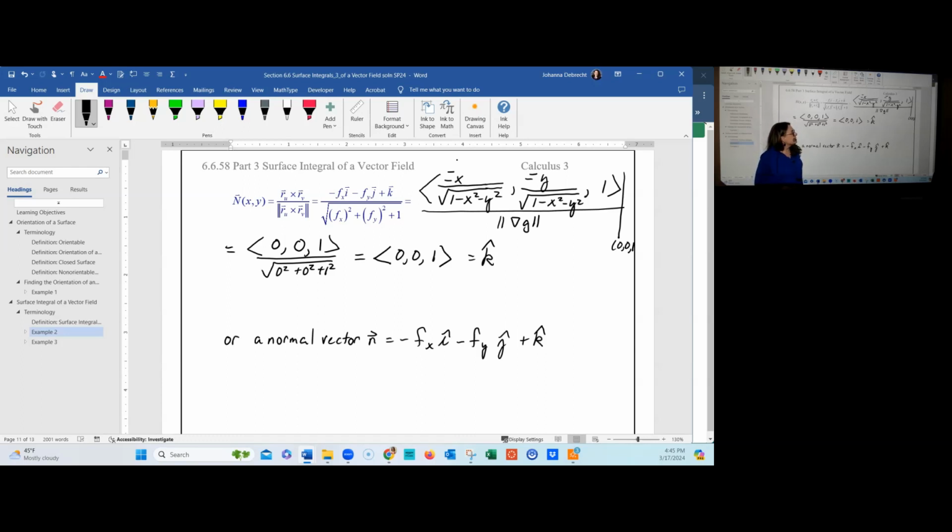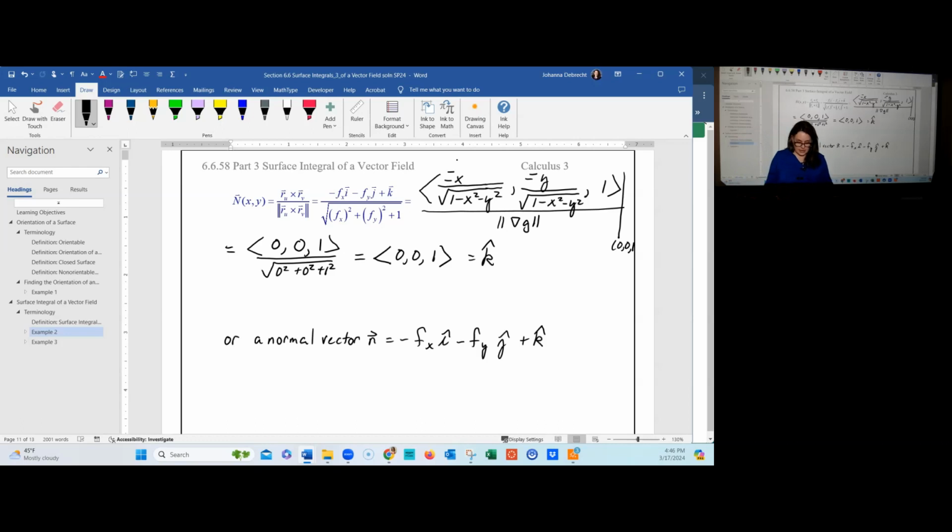In this case, when we substitute in the value that x is 0 and y is 0, both the first and second component of the unit normal vector zero out. The third component is a constant 1. Evaluating the magnitude gives us 0 squared plus 0 squared plus 1 squared, which gives us k hat, which is the unit normal vector pointing straight up in the normal direction.